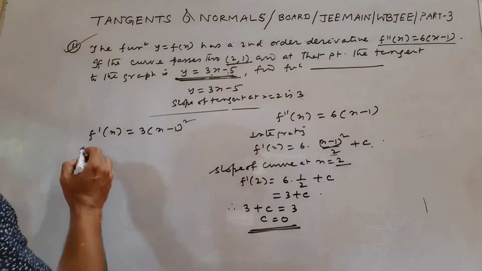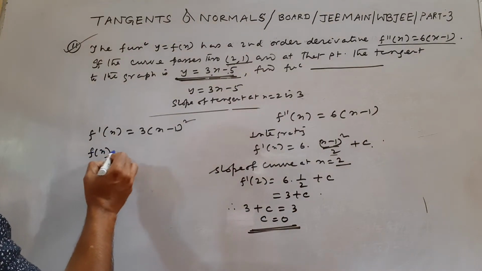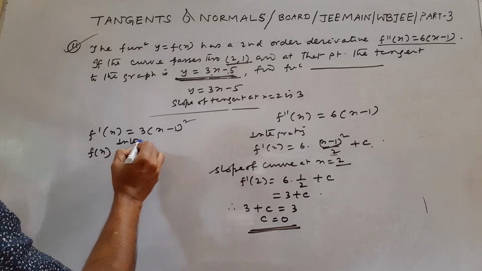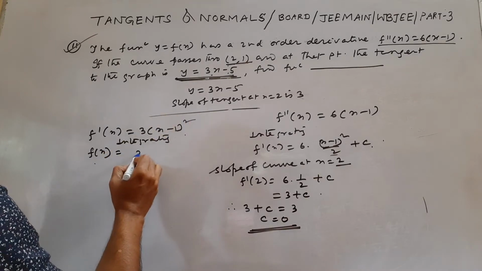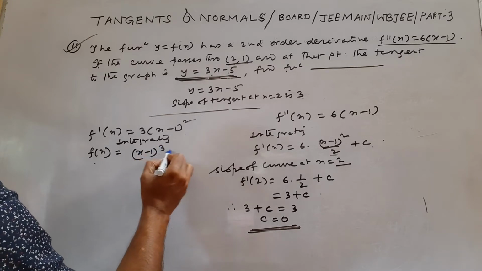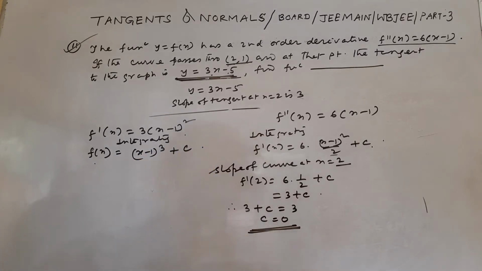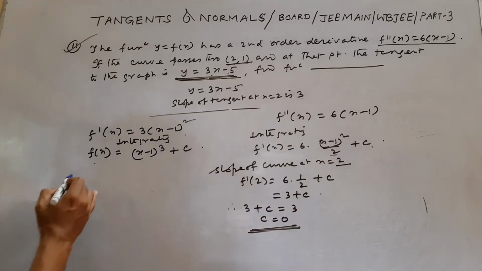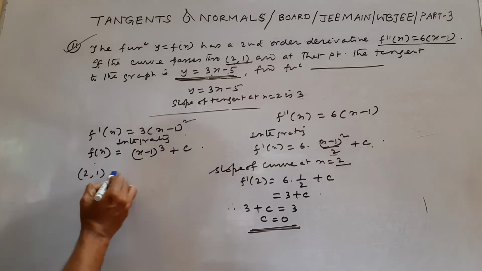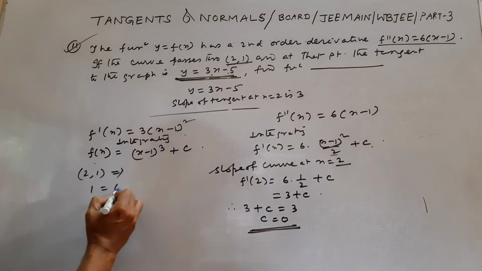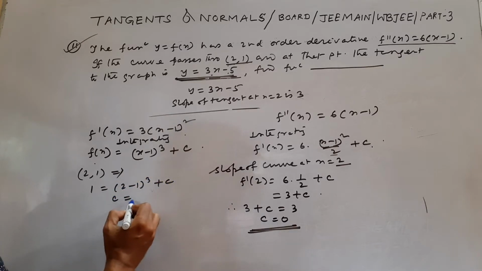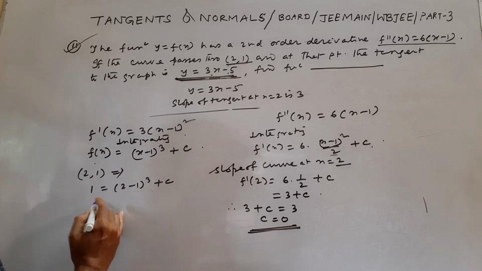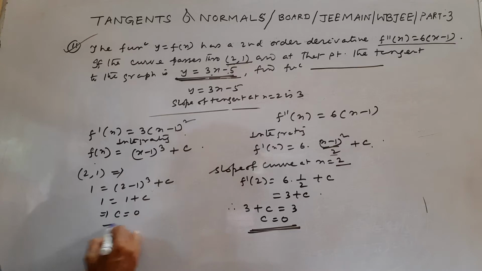Now, what is f(x)? Integrating again, the power diminishes: f(x) equals (x minus 1) whole cube plus c. Since it passes through (2, 1), 1 equals (2 minus 1) whole cube plus c, so 1 equals 1 plus c, so c equals 0.